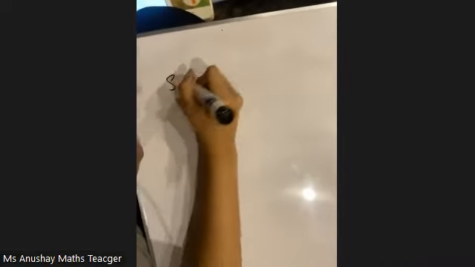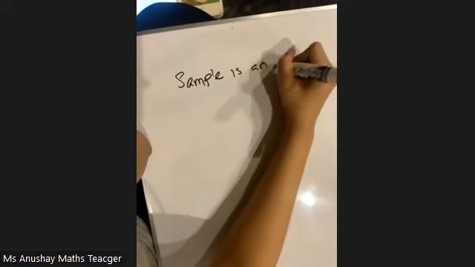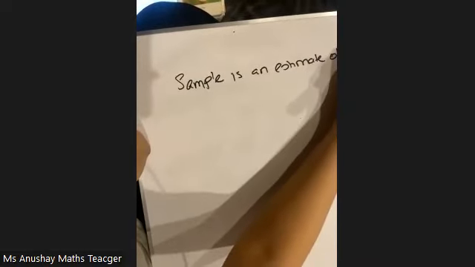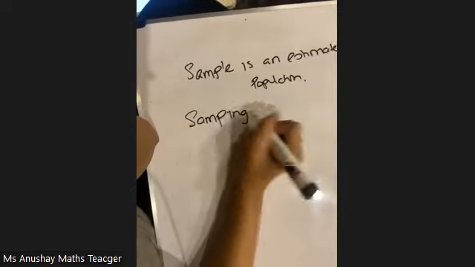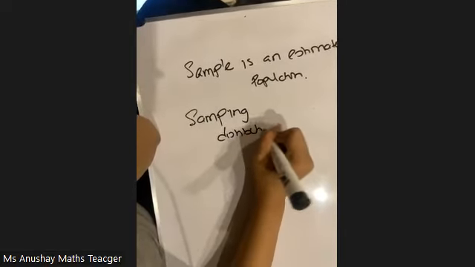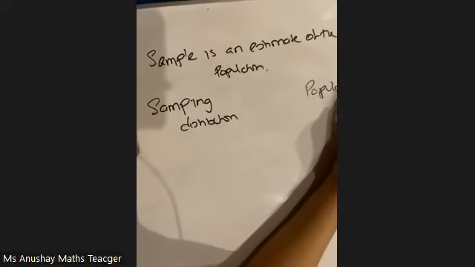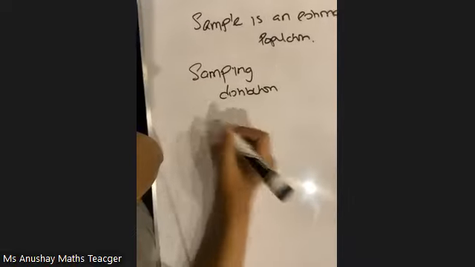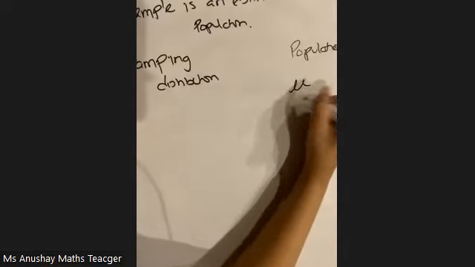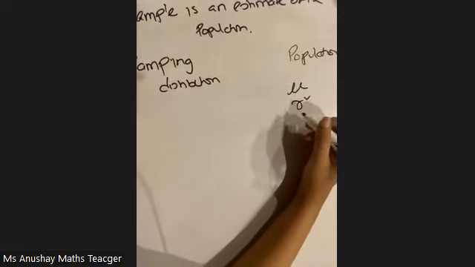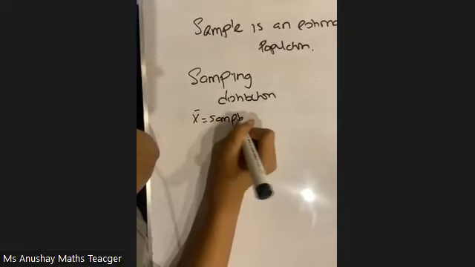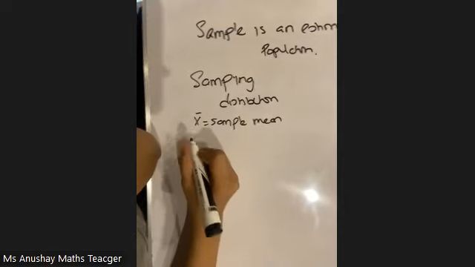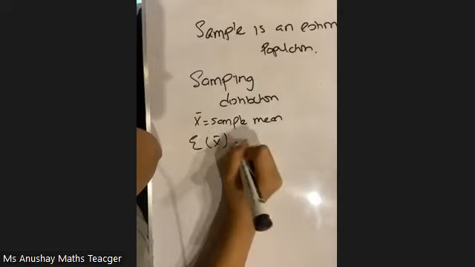No, wait. We're going to do the cases later. Just understand this: the sample is an estimate of the population. The sampling distribution I'm going to write over here, and the population distribution over here. For the population we have mu and sigma squared, and in the sample we have x bar, which is the sample mean, and E(x bar) is equal to mu.